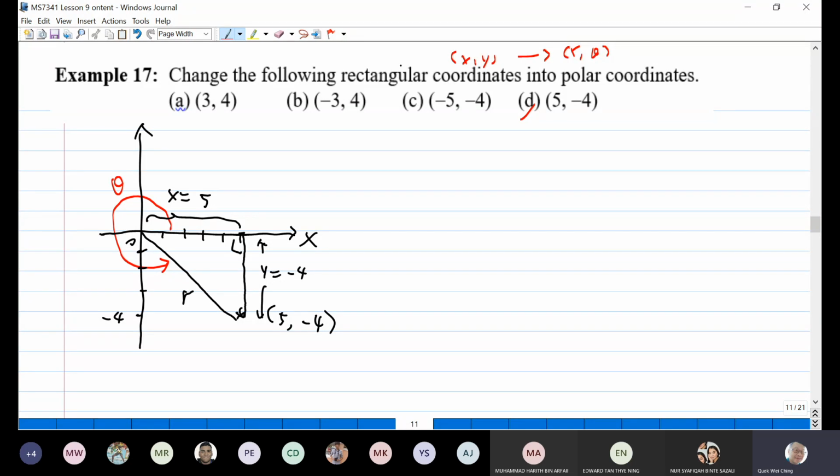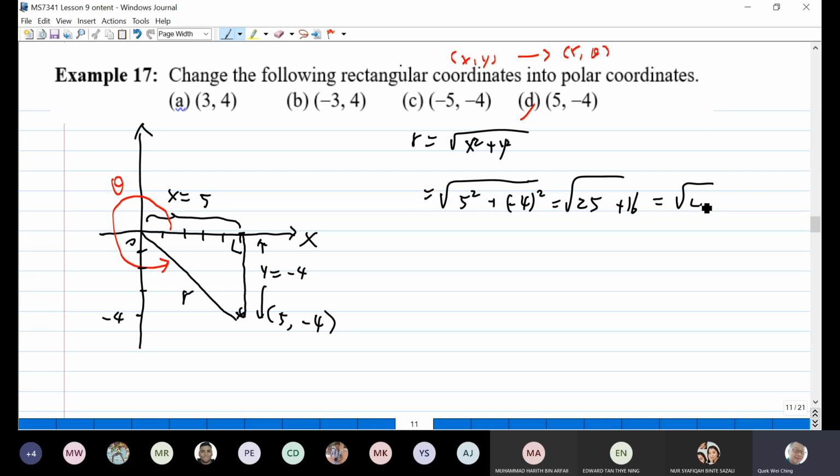So r, as we showed, is the square root of x squared plus y squared, which is x equal to 5, y is minus 4. So when you square it, 25 plus 16, square root of 41.